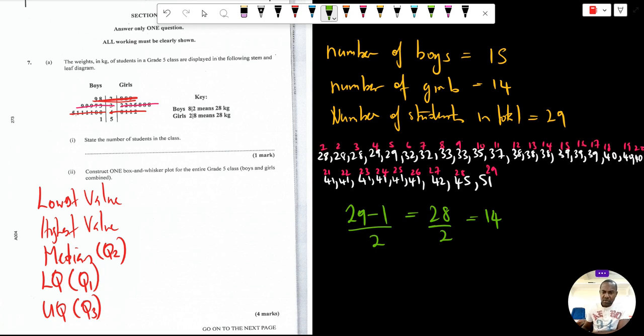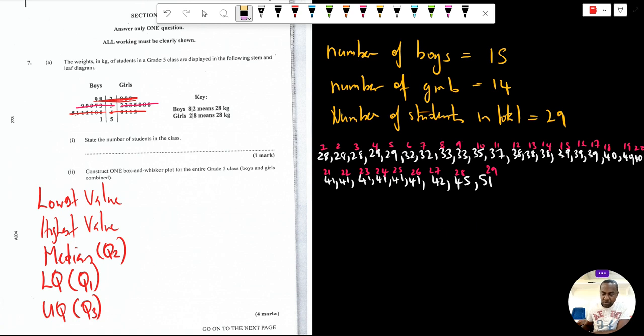So basically, the median would be the 15th element. So this would be 14 plus 1, which of course gives us the 15th element. So basically, we count 14 items from either end, and when we do that, we leave the middle item, which of course is the 15th.